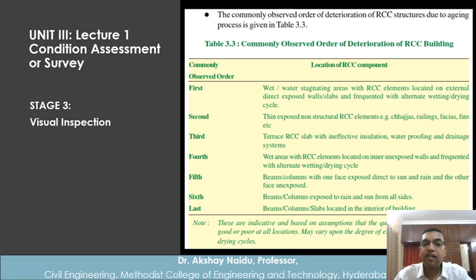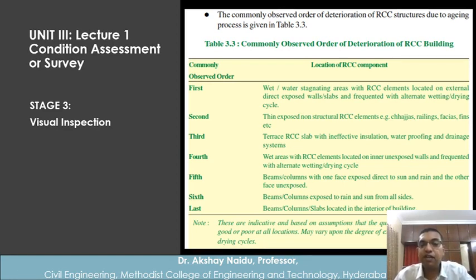Next, second, thin exposed non-structural RC elements. Example, chhajjas, railings, fins, etc. So next we have to look for these areas. Next, terrace RC slabs with ineffective insulation, waterproofing and drainage systems. So look for terrace RC slabs and check the quality of the slab finishing.